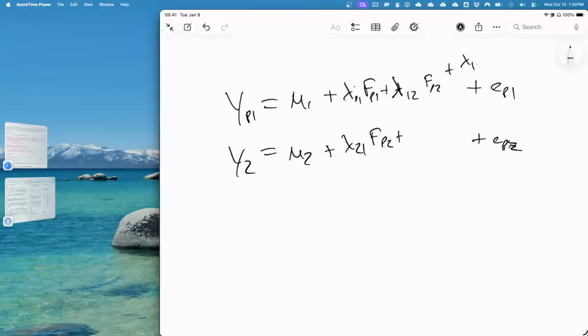We call this lambda 1, comma, and I'll do 1, 2 here. Notating it is really tough. FP1, FP2. So what does a latent variable interaction represent? It represents a multiplicative product of the factors times a regression coefficient adding to the line. So that is possible.